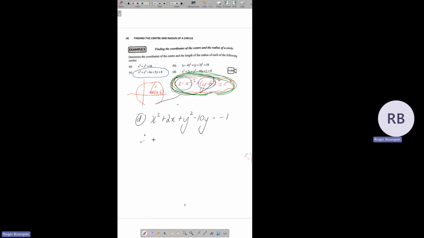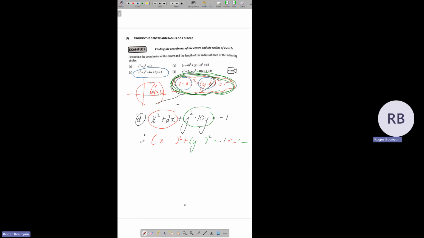You're going to say, right, I've got x something squared plus, I'm going to work with that for the x's. Set it up like this, it's easy. Plus y something squared is equal to, well, you've still got this minus 1, but then you've got to balance with the x bracket, because you've unbalanced the left-hand side, and you've got to balance with the right bracket, so you rebalance the right-hand side.